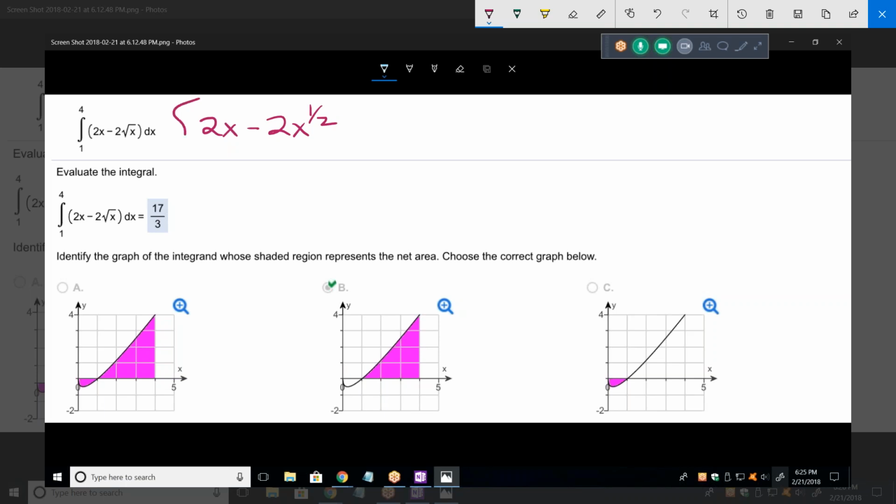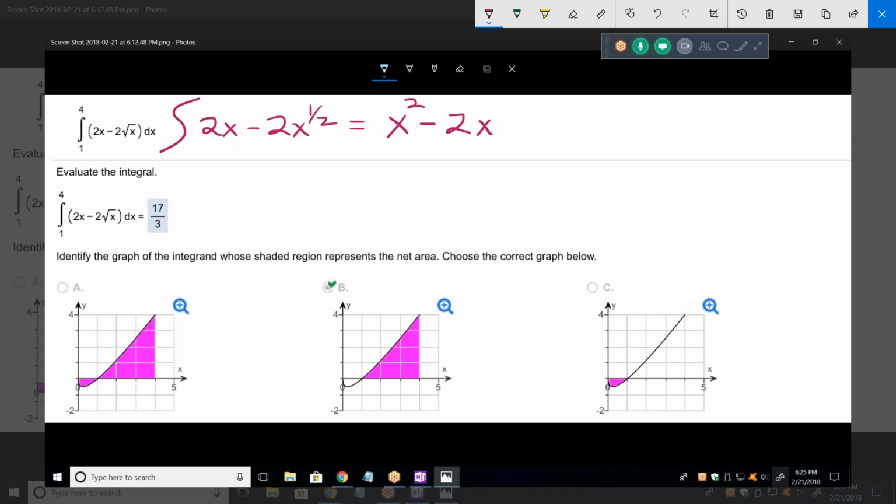What's the integral of that? So that's just going to be x squared minus x to the... I think it's worth just filling in stuff here.